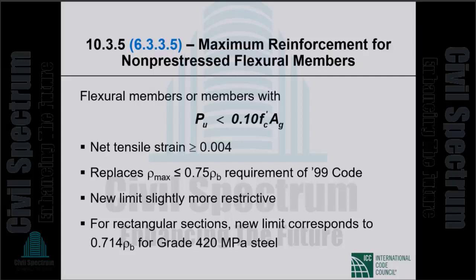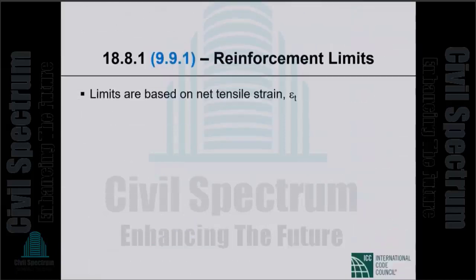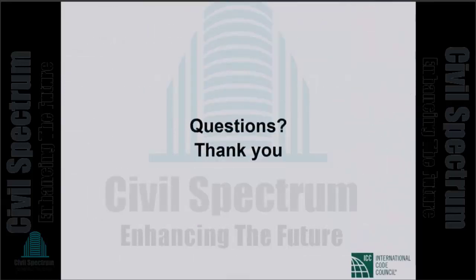For rectangular sections, the new limit corresponds to 0.714 rho balanced rather than 75% of rho balanced for grade 420 reinforcement. Okay, and that's about as far as I need to go. Pre-stressed, I will not worry about. So it's not too bad.